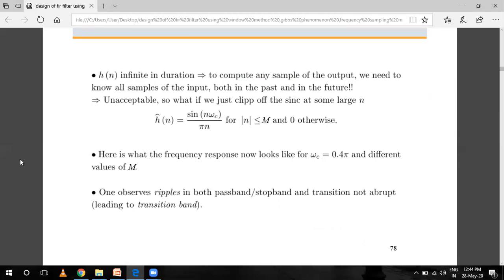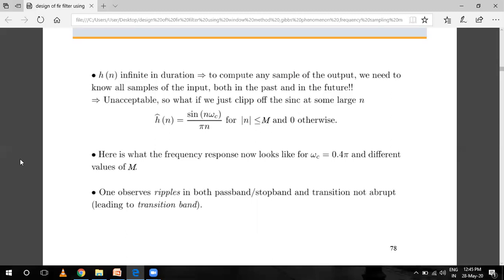So what if we just clip off the sine signal at some large n? Then hn equals sin(n ωc) upon nπ for n less than or equal to M, and 0 otherwise.